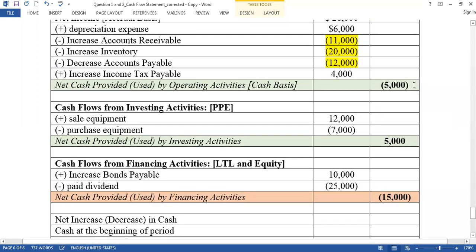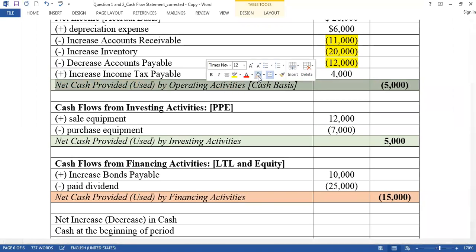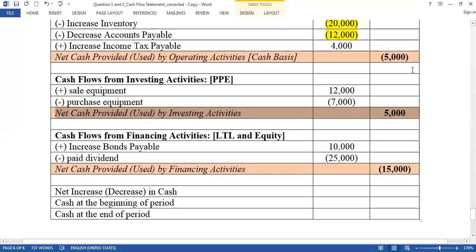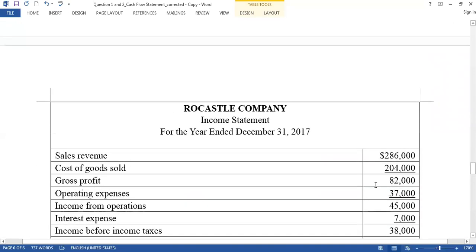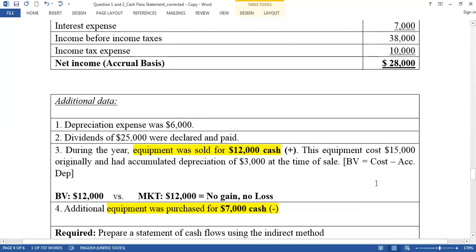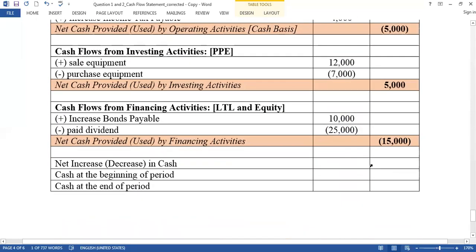So we have found operating, investing, and financing activities, right? So three activities we already found. And we know the answer. What is the answer? The answer is $15,000 minus, right? So we put here $15,000 minus. This is our answer.